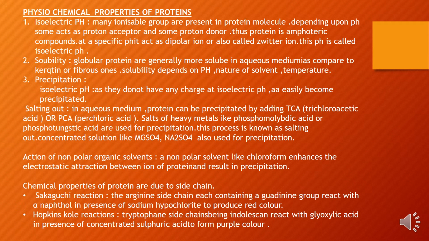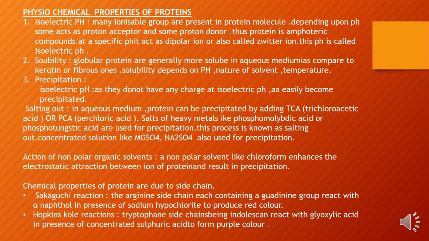Now the physicochemical properties of protein. Isoelectric pH. Many ionizable groups are present in the protein molecule. Depending upon pH, some act as proton acceptors and some as proton donors. Thus, protein is an amphoteric compound. At a specific pH it acts as a dipolar ion or zwitter ion.